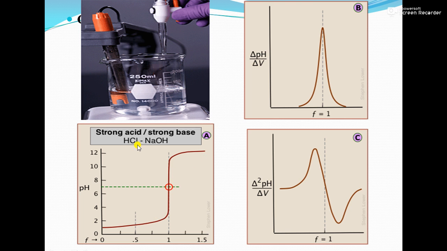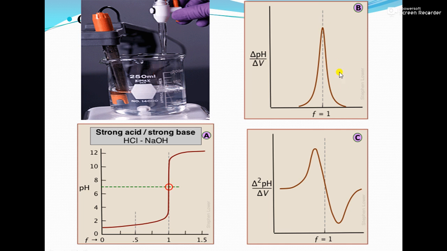And as we know that HCl and NaOH are a strong acid and a strong base, that's why we get the equivalence point at exactly 7. So that is the first graph, pH versus ml of NaOH added. In a similar way, if you do the calculation, you will get the second graph, delta pH upon delta V versus ml of NaOH.